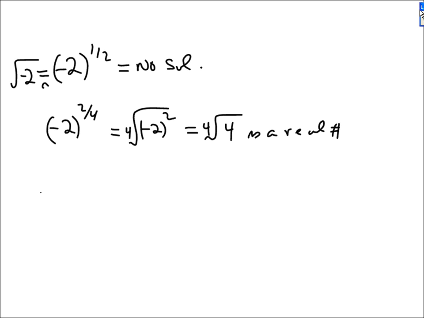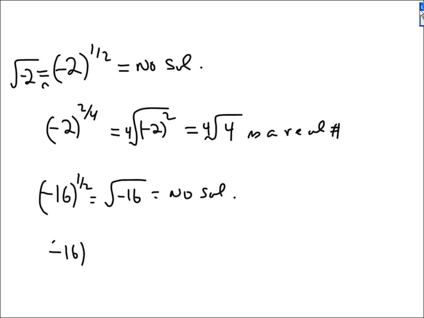Let me do negative 16 to the 1/2. That's the square root of negative 16, which is no solution. So now, if I do negative 16 to the 2/4, which equals 1/2, this is negative 16 squared, the 4th root.